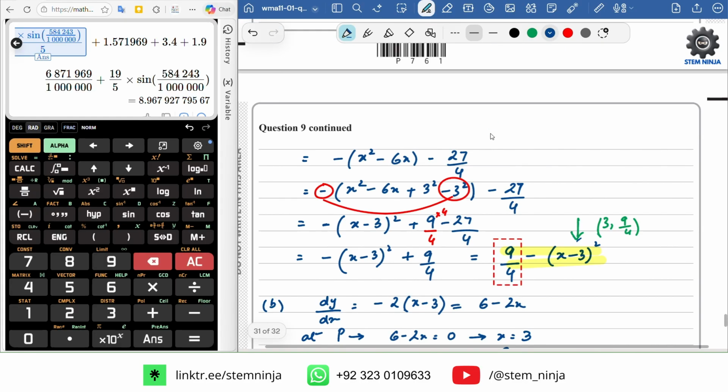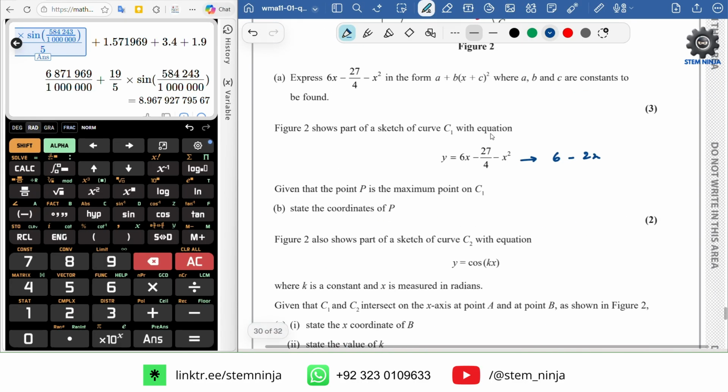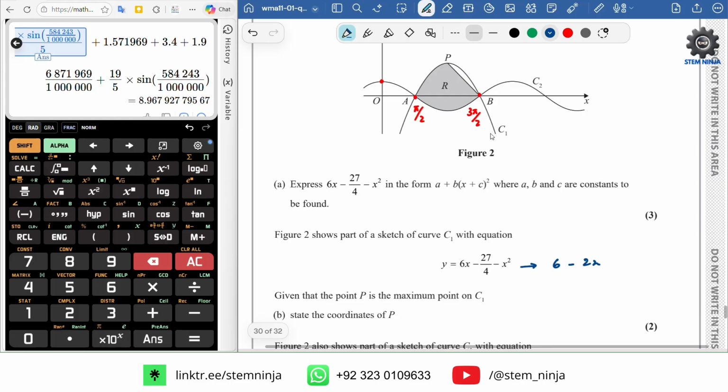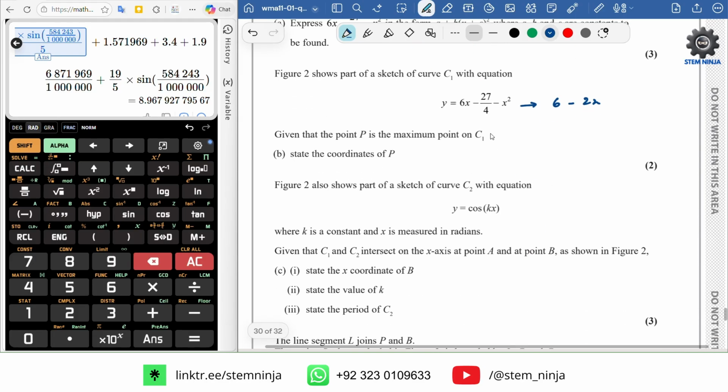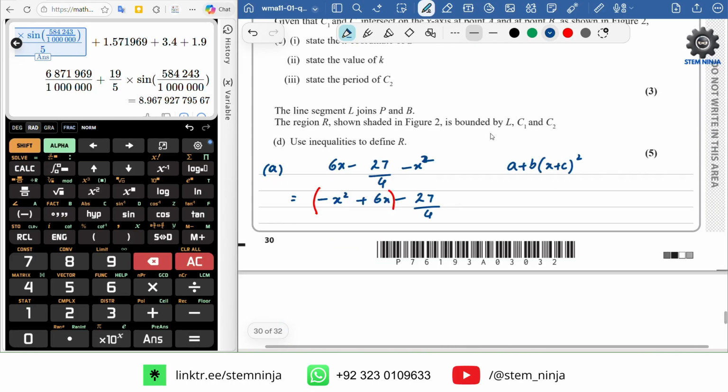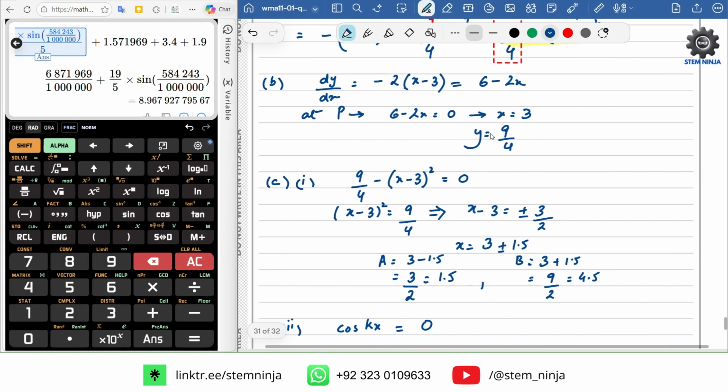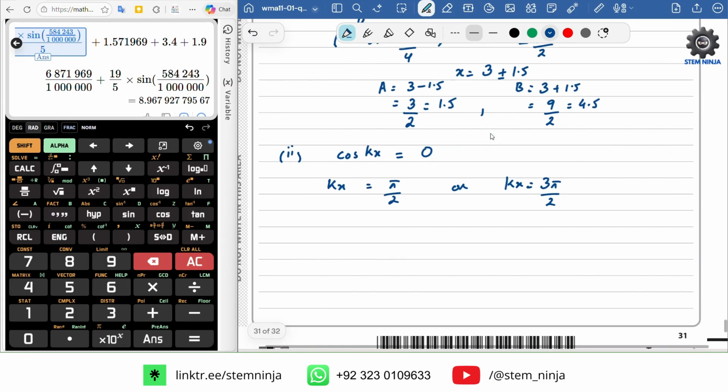Right. So we know the x values now. State the value of k. Okay, we know the x values. So x values are 1.5 and 4.5.